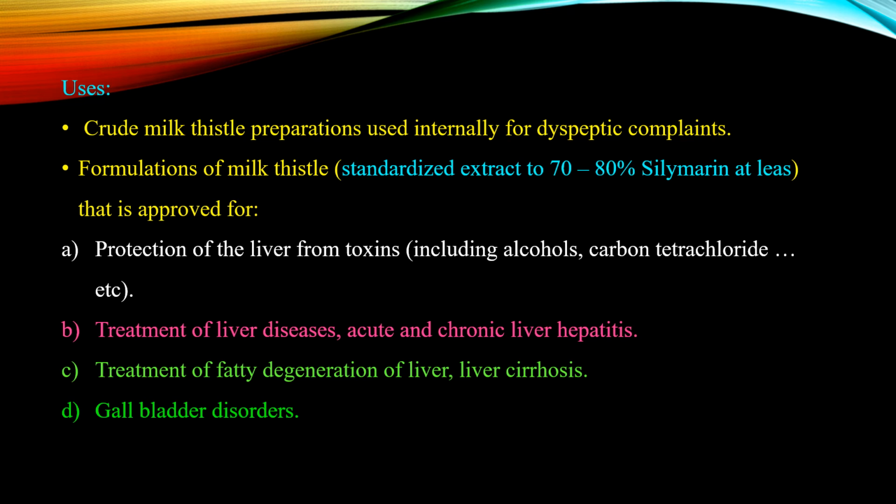Formulation of milk thistle is standardized to contain 70 to 80% silymarine, used as a liver supporting formulation, protecting the liver from toxins including alcohol and carbon tetrachloride, treatment of liver disease, acute and chronic hepatitis, treatment of fatty liver degeneration and liver cirrhosis, and treatment of gallbladder disorders.